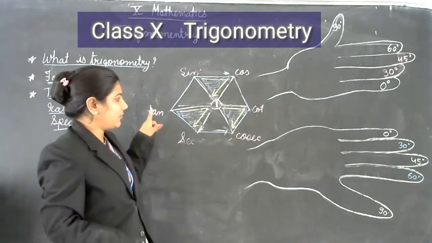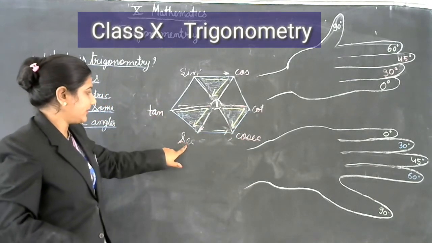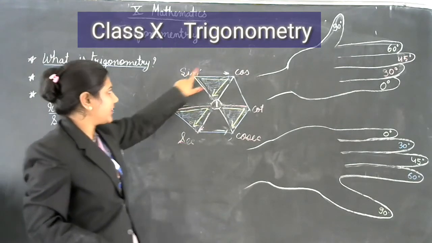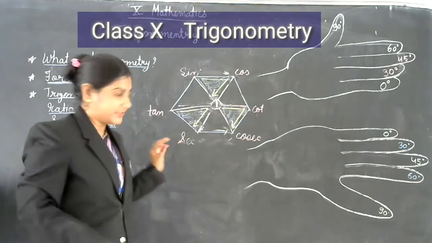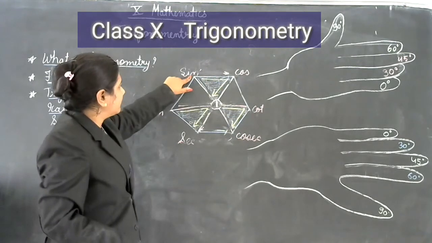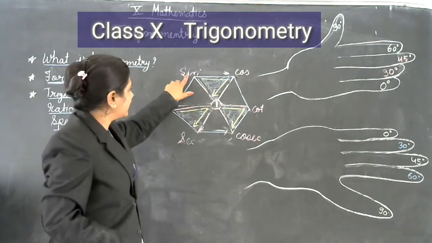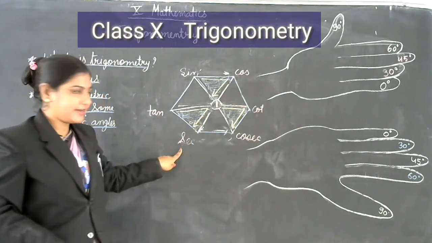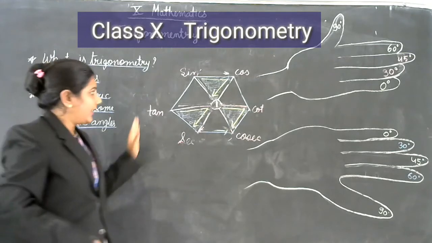And in anti-clockwise direction, sec theta equals tan theta upon sin theta, tan theta equals sin theta upon cos theta, and likewise. And multiplication of diagonal ratio functions: sin theta into cosec theta equals 1, cos theta into sec theta equals 1, tan theta into cot theta equals 1.